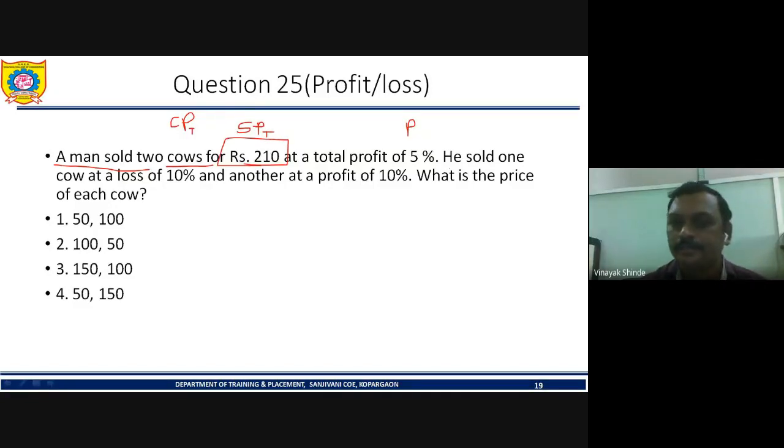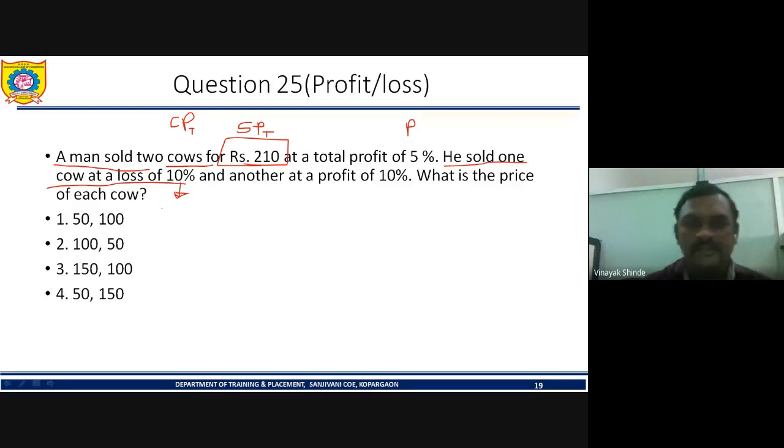Next is he sold 1 cow at 10% loss. So first cow का selling price कितना percent होगा? So there are 2 cows and he sold separately 10% loss, 10% profit. हमें निकालना है what is the price of each cow.